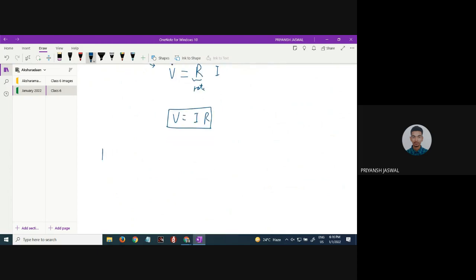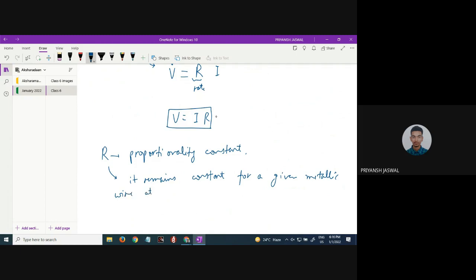Here R is the proportionality constant, and it remains constant for a given metallic wire at a given temperature.